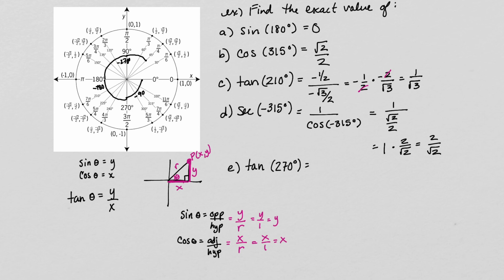Okay, -1. So tangent, remember, is y over x. So it's going to be a -1 on the top. And what would be on the bottom? Okay, a 0. So -1 divided by 0. Can anybody tell me what is -1 divided by 0? Yeah, so -1 divided by 0 is undefined.